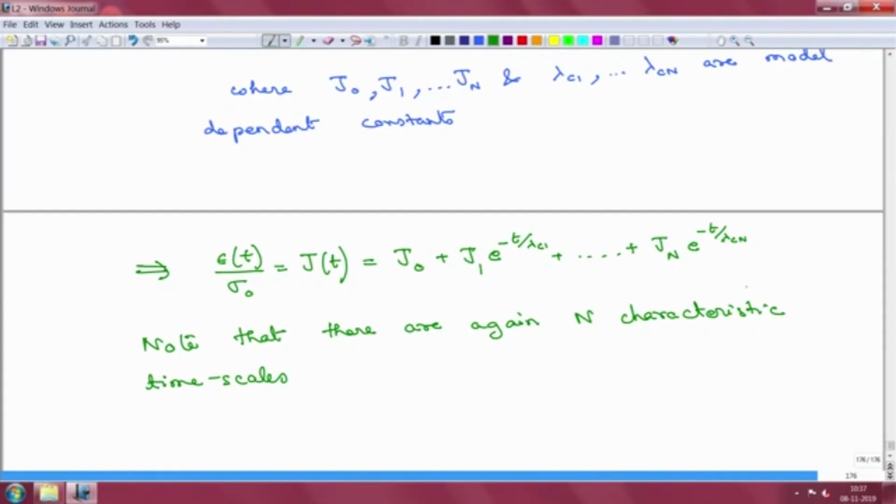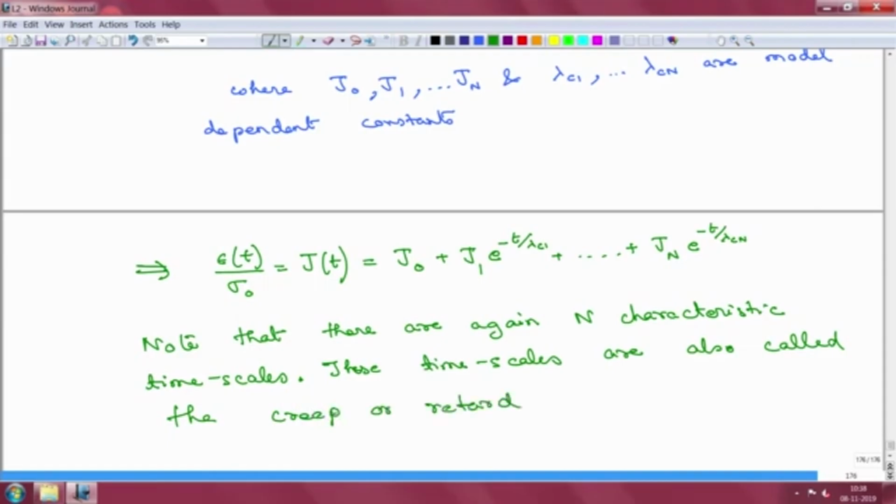These characteristic time scales are also n in number, but they are different. These time scales are also called the creep or retardation time scales.